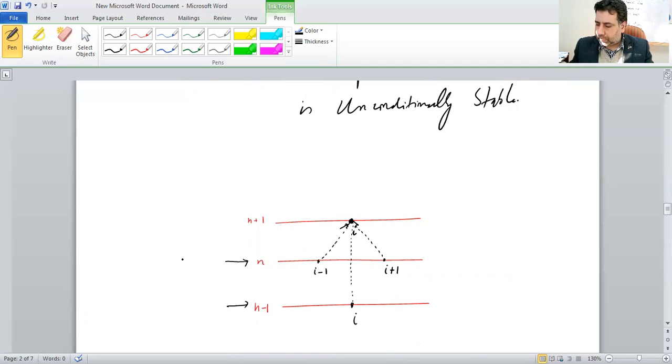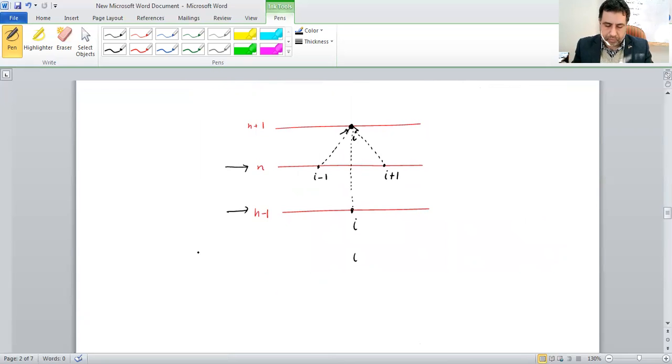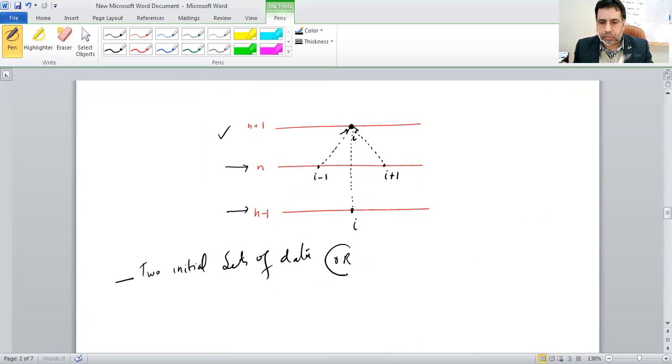This can be accommodated if you have two initial sets of data to start this procedure. Or if you don't have two initial sets of data, you could apply some one-step method as a starter.